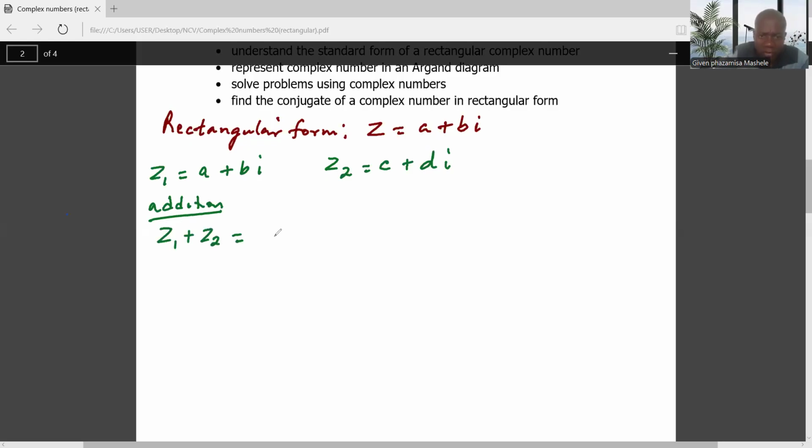So we're going to have a plus bi, plus c plus di.